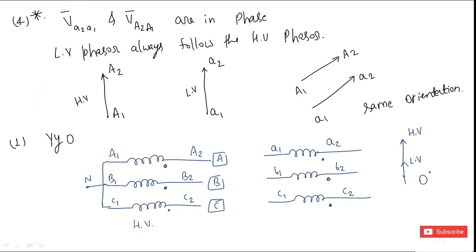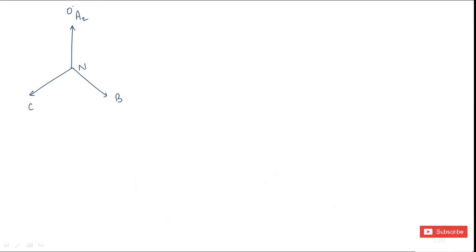See here, A1 B1 C1 all are connected at neutral point. Okay, so A2 A1, and this is B2 B1 C2 C1, and this is equipotential point. Okay, capital N. Here voltage is same, that's why you are connecting this phasor here. This is equipotential point. This is the phasor diagram at HV side.